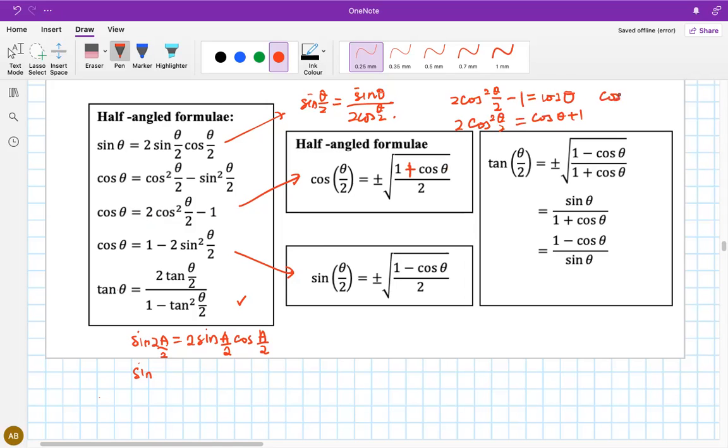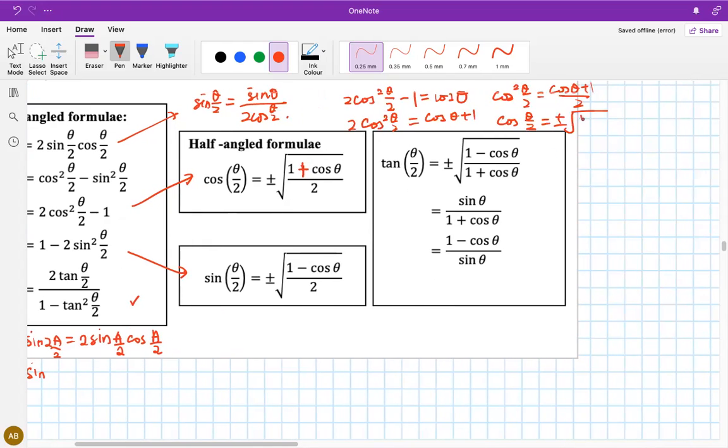And cos square theta over 2 is 1 plus cos theta over 2. I want to find cos theta over 2, so I have to square root both sides. When you square root both sides, you have positive and negative values.